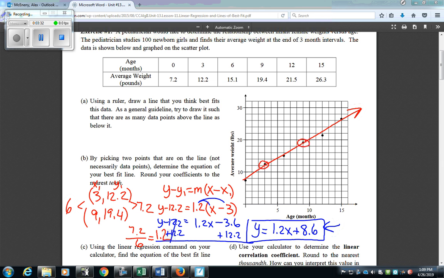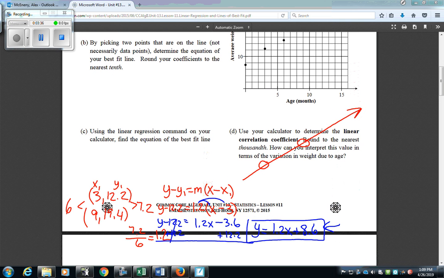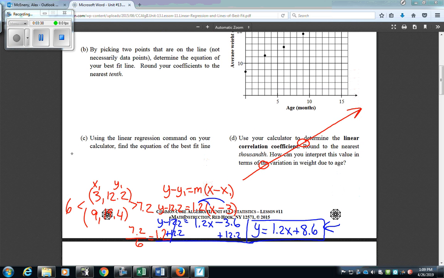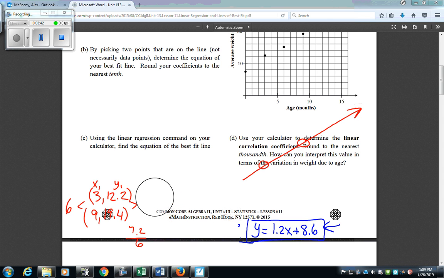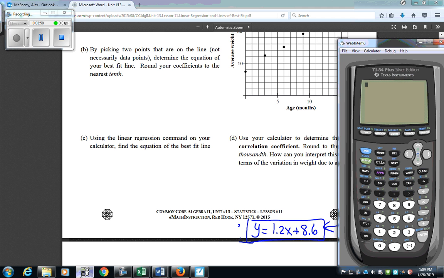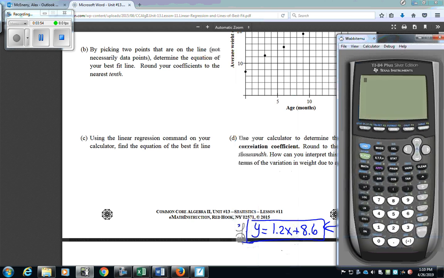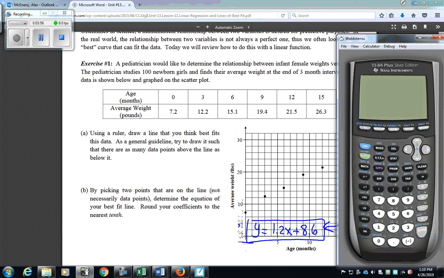Now, if we go down to parts C and D, I'm going to leave that equation that we had for the first part, but I'm going to erase the work. And we're going to talk about how to use the regression command in the calculator. So if you go to your calculator, we're going to put in the numbers from the table.